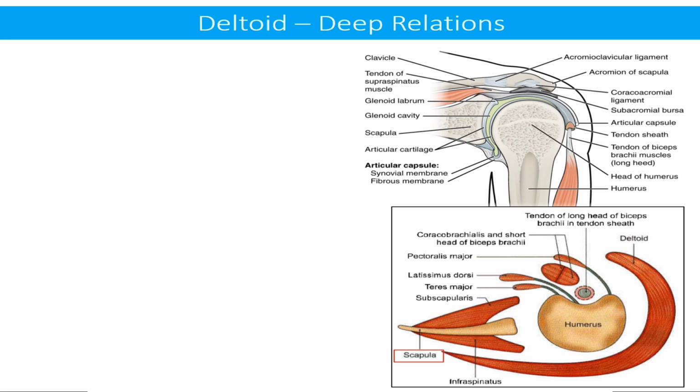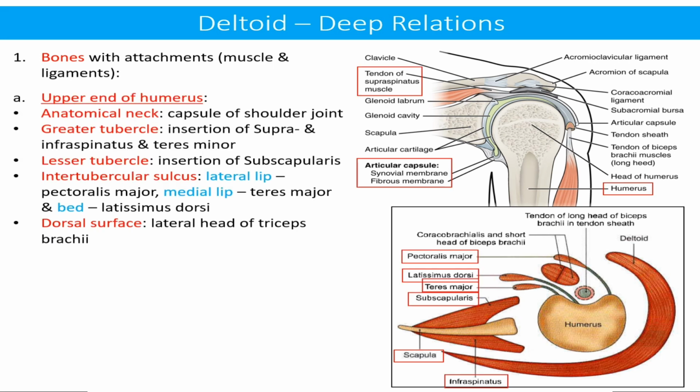Deep relations of the deltoid comprise bones with attachments, that is muscles and ligaments. Number one, upper end of humerus. At the anatomical neck is attached the capsule of the shoulder joint. Greater tubercle with insertion of supraspinatus, infraspinatus and teres minor muscles.